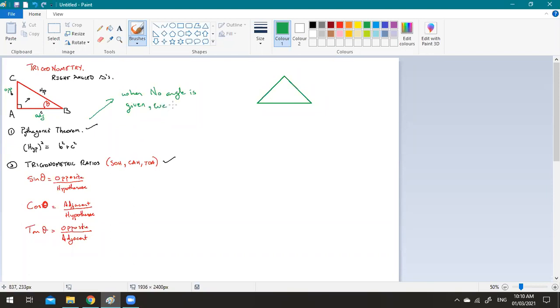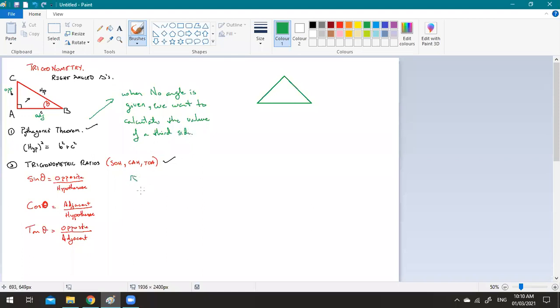No angle is given, and we want to calculate the value of a third side.